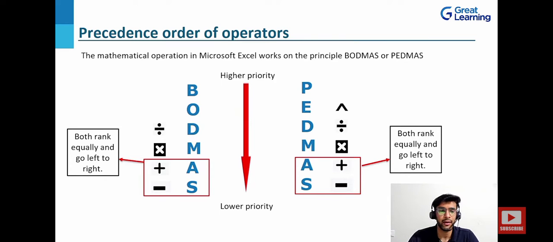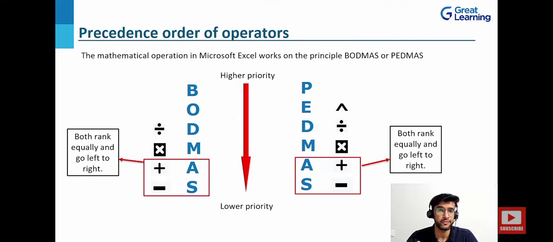Now, why have I boxed the addition and subtraction in the red box? Both rank equally and go left to right. So whichever operator Microsoft Excel encounters first, that operation takes place. If Excel first gets the addition operation, it completes the addition and then moves ahead with the subtraction.